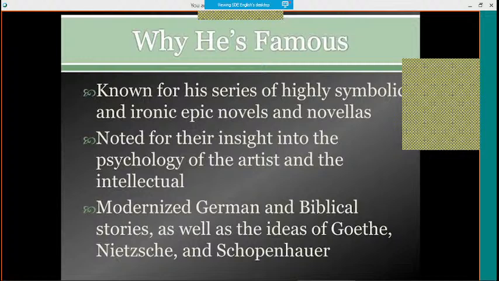Artist ന്റെ psychology എന്താണെന്ന് മനസ്സിലാക്കാനായിട്ട് പറ്റുന്നതാണ്. So he was heavily influenced by German and biblical stories. ഇതൊക്കെ വളരെയധികം influenced ആയിരുന്നു. He modernized some of it and he drew ideas from Goethe, Nietzsche and also Schopenhauer. ഇവരുടെയൊക്കെ theories, philosophies ഒക്കെയാണ് borrow ചെയ്തിട്ടുള്ളത്.